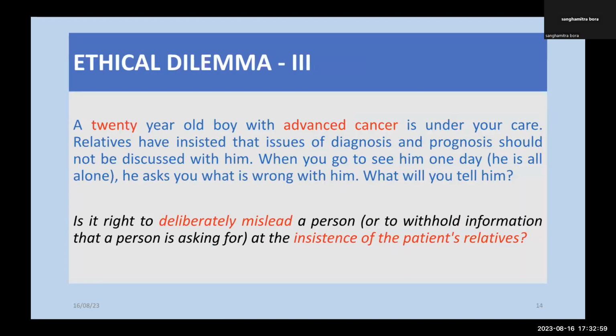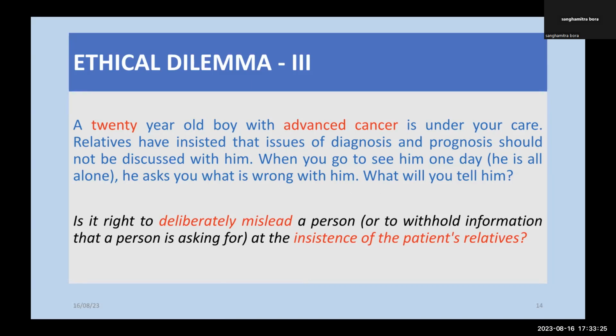So another dilemma that we face quite often is that the relatives of the patient, suppose this particular example, a 20-year-old boy with advanced cancer, the relatives have insisted that the issues of diagnosis and prognosis should not be discussed with the patient at all. All right.